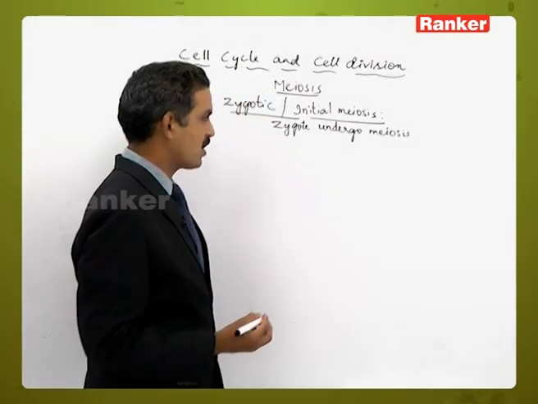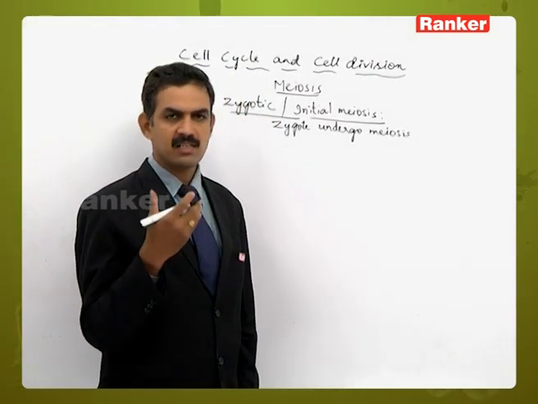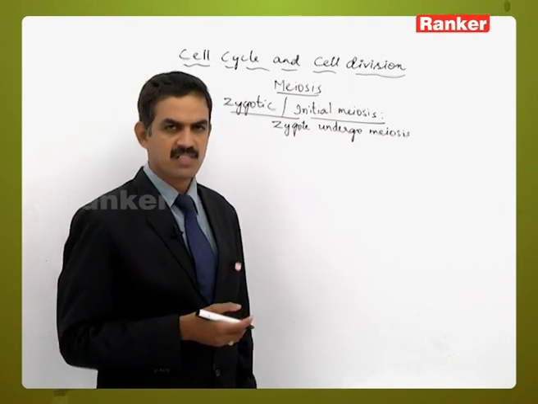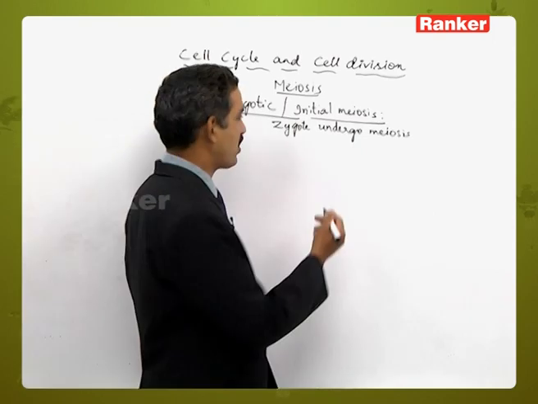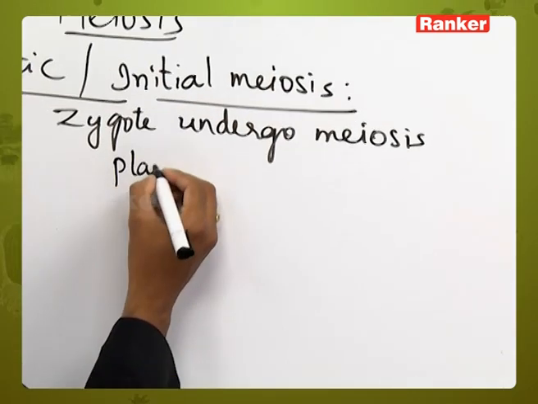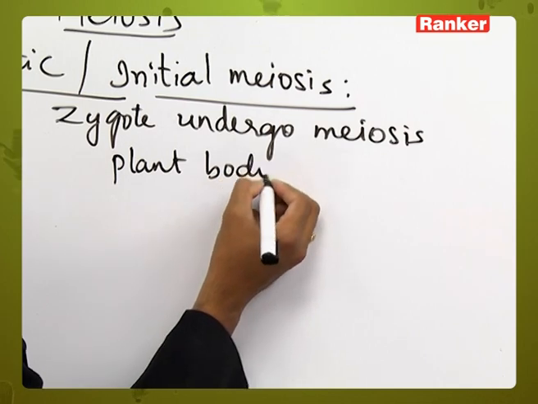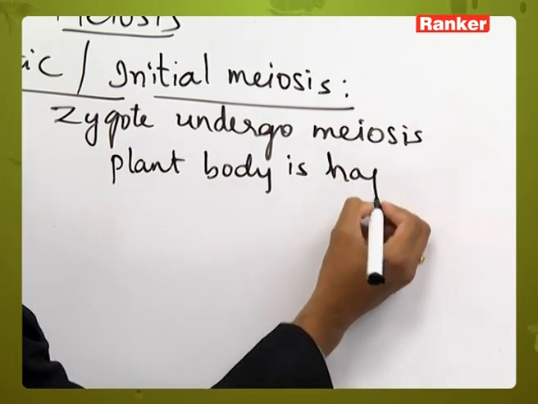When the zygote undergoes meiosis, the daughter generation which is formed, or the plant body which is formed, will be haploid in nature.